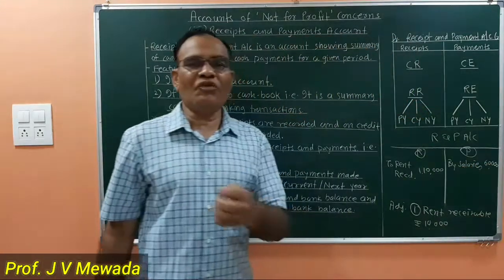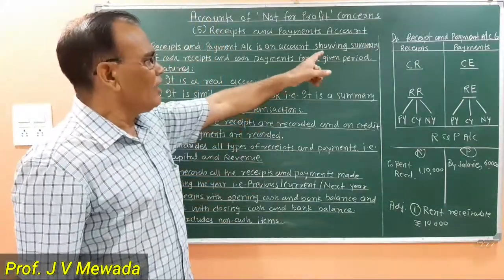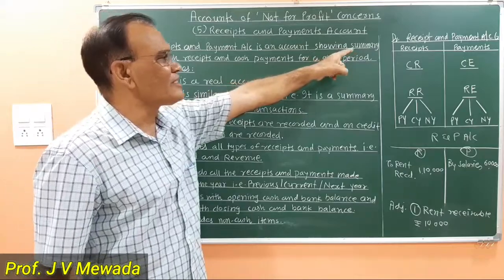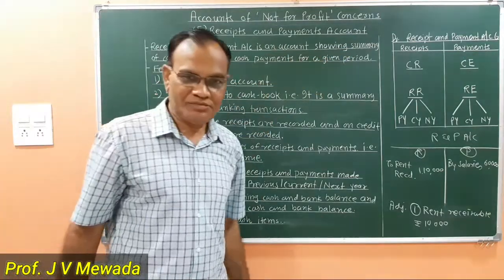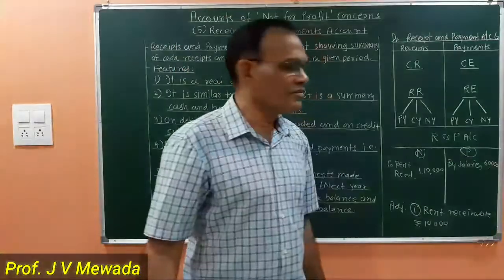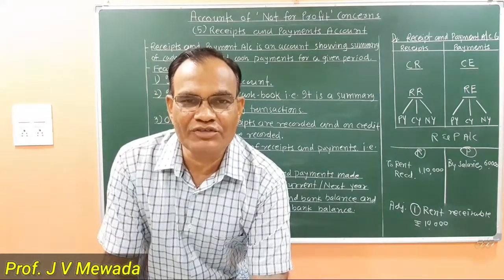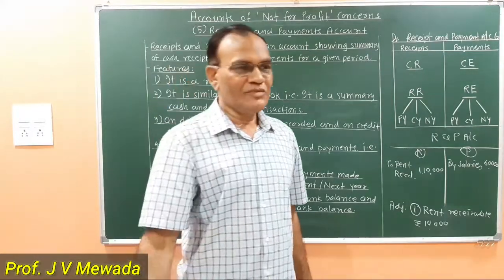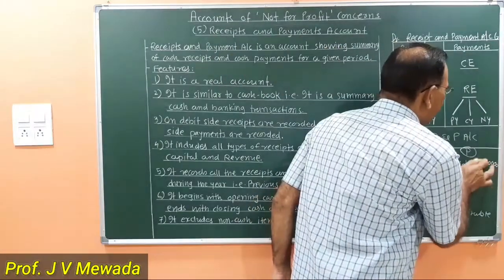The total of all the salaries that I have paid. I want to explain how receipt and payment is the summary of cash receipts and cash payments. So I am paying salary. So that salary for 12 months at the rate of 5,000 is 60,000. Now suppose instead of 60,000 I am given here 70,000.